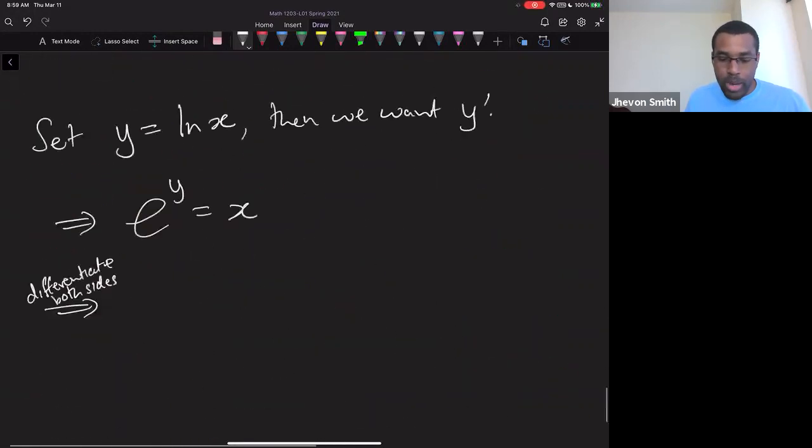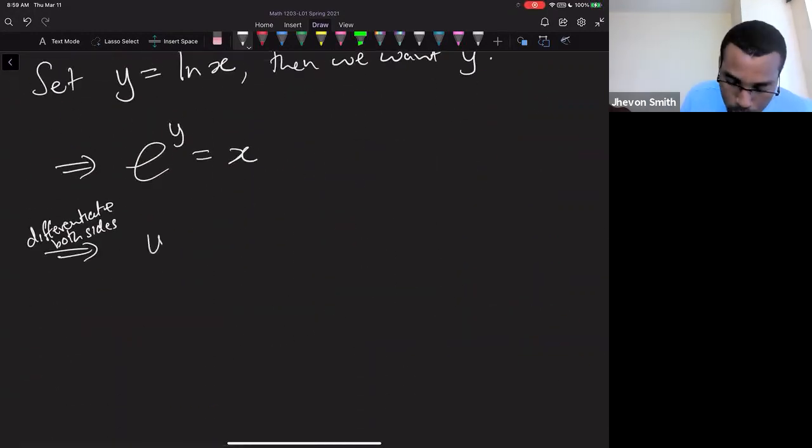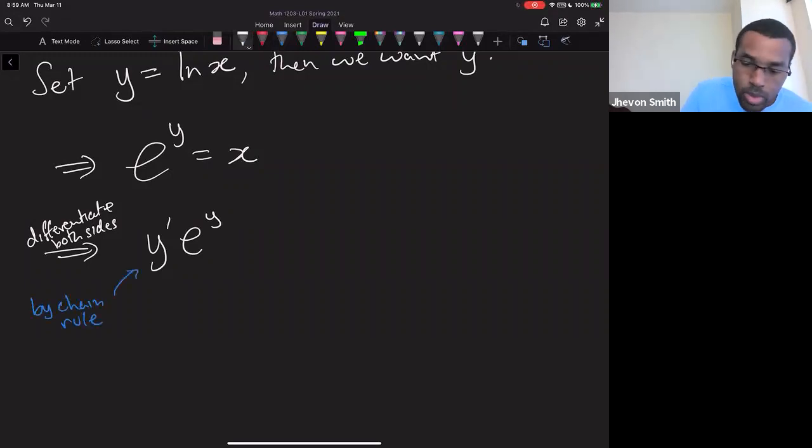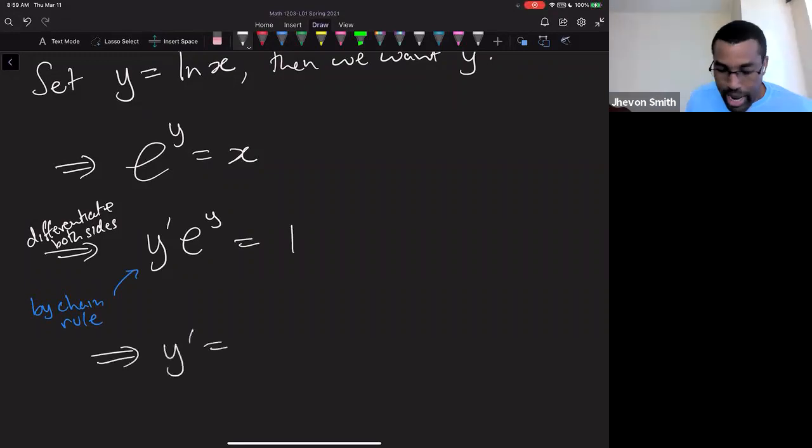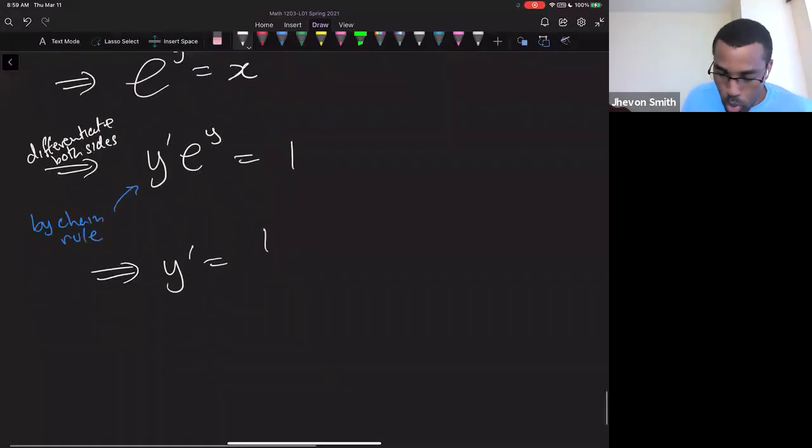So the derivative of this by that rule is going to be y prime e to the y, right? And this happens by chain rule. Derivative of the x is 1. We actually knew that, which means my y prime, the guy I want, I can actually solve for it.